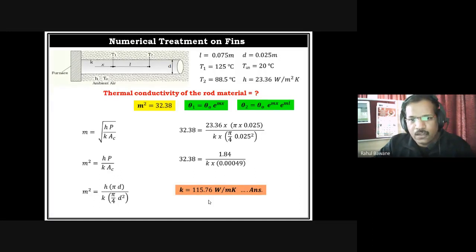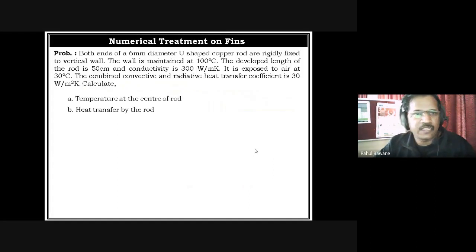And this is a very important numerical because it is many times asked in SPPU exams. Okay, so next numerical for today, this is the last numerical, then after that we will see fin effectiveness and efficiency. So next, this is also an SPPU question. I think 2 or 3 times it has been asked.